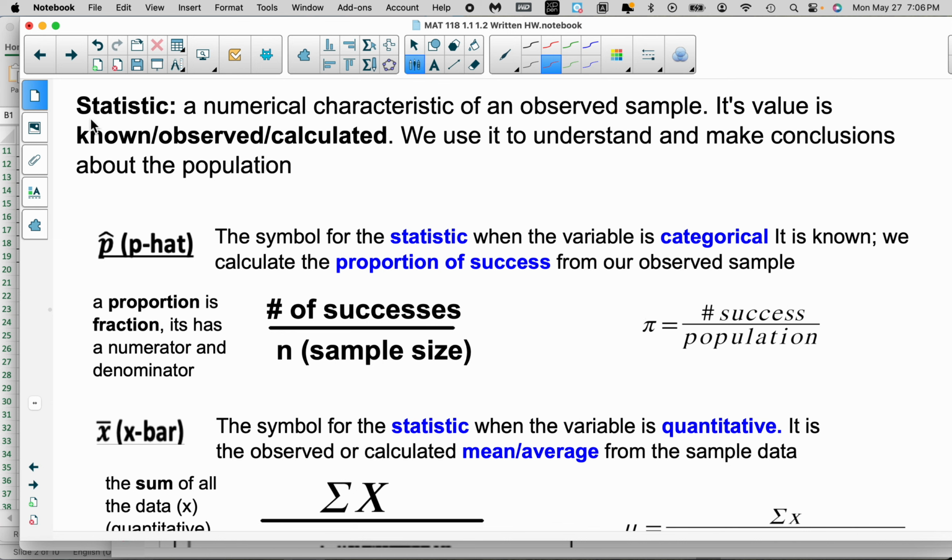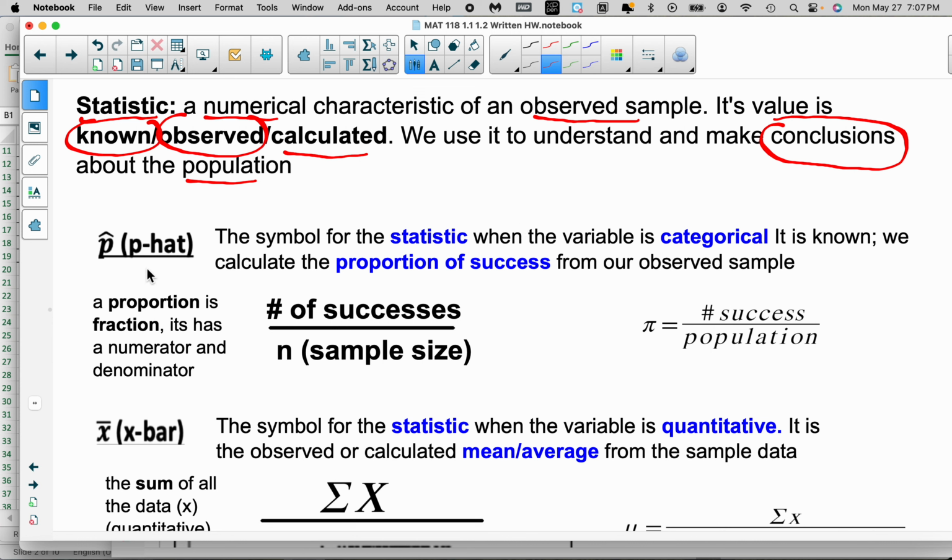Again, when we take a sample, we have some finite number of things that we can observe, we can calculate the statistic. It's known. So we can take that sample and then we can calculate or observe that characteristic that we're interested in about the population, and we can use that to make conclusions about the population.